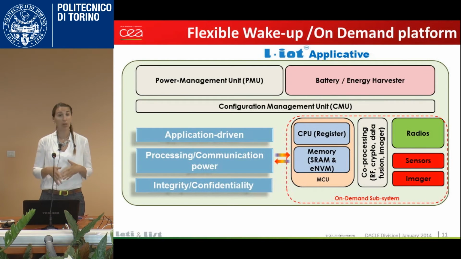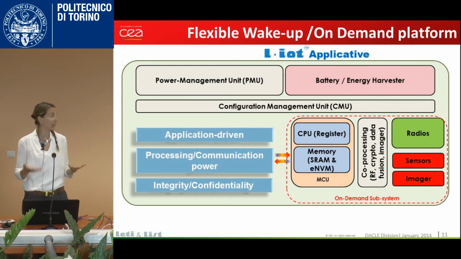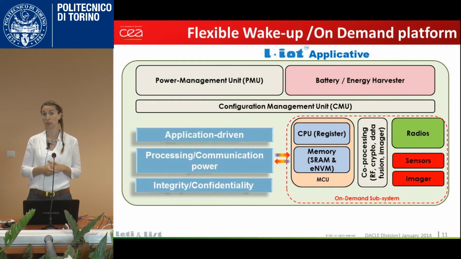We can think about cryptography, data fusion, imagers. And here we have a classical microcontroller that is, for example, an ARM M0+, M3, M4, it depends. And this part is also able to communicate in real communication all the data that we are computing. And there is, in this part, a lot of integrity and confidentiality, and we need a lot of cryptography here.